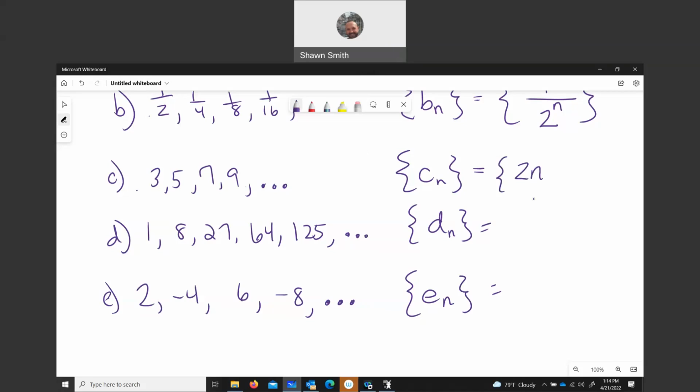But I want to start with 3, so add 1 to it. If n is 2, that would make 5, right? 3 would make 7, and so forth. So 2n plus 1 is how that one could be defined. There might be other rules that work. Just make sure your rule that you choose when you put in n equals 1, then 2 generates these numbers.